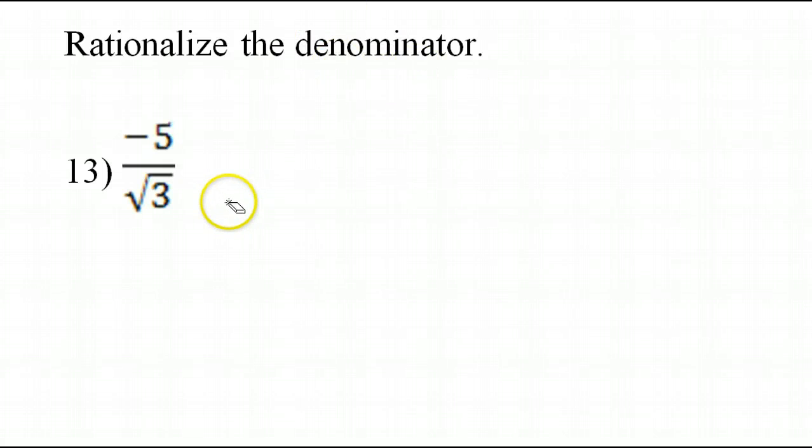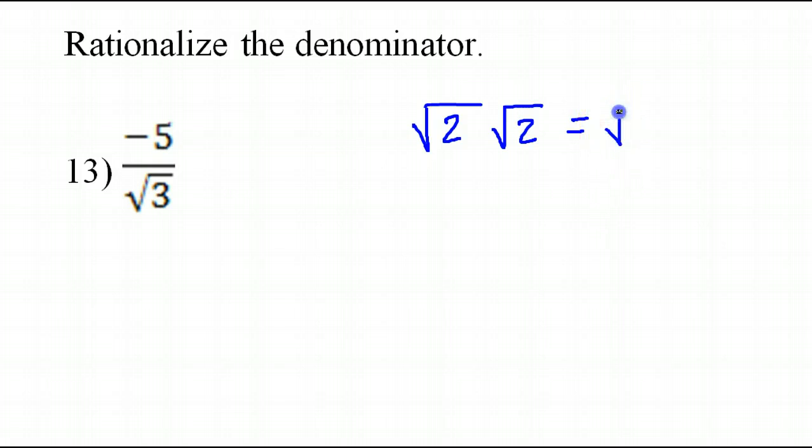Rationalizing the denominator. It's going to be different depending on whether we have a square root or a cube root or a 4th root, etc. But hopefully you have learned previously a fun pattern. If I were to do radical 2 times radical 2, that would be the same thing as the square root of 4, which is 2.